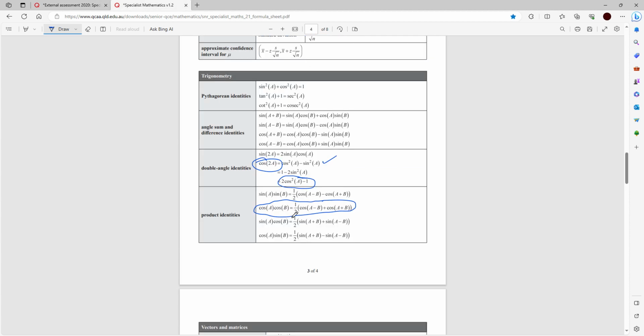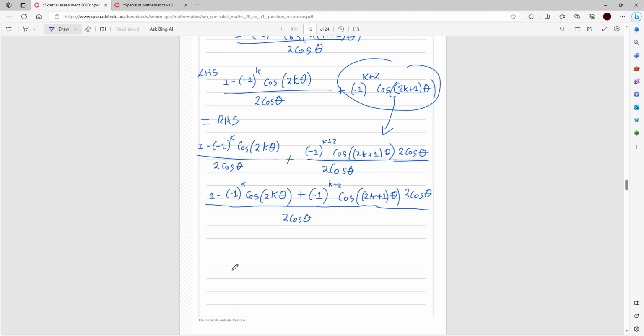So the identity is cos of A cos of B is half of cos of A minus B. So I'm going to rewrite that identity here. I'll try and make it as small as I can because I don't have enough room. So cos of A and cos of B is equal to a half of cos of A minus B plus cos of A plus B.